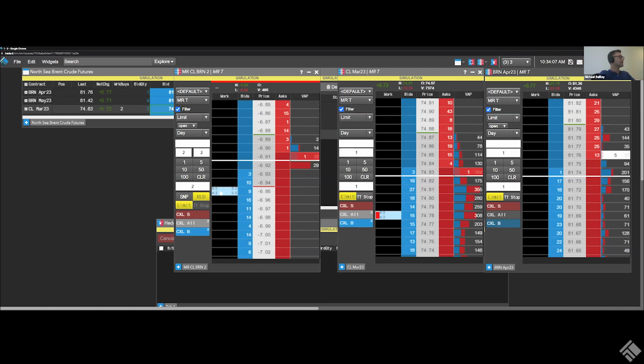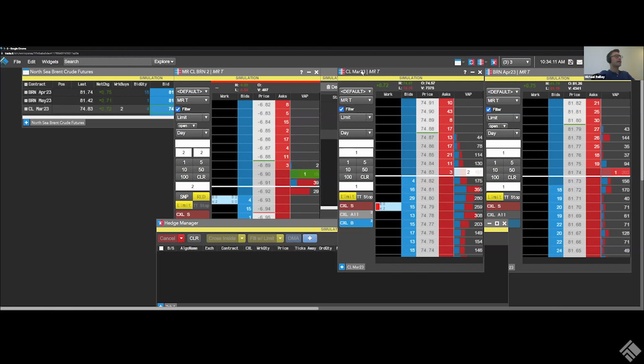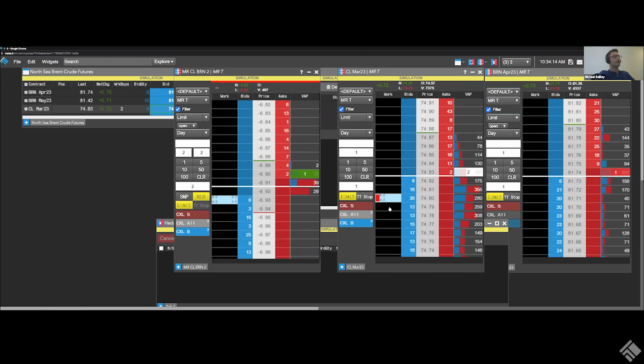And if we look at our CL leg, just for the demonstration, I'm going to drag this order across and immediately get filled. And this is going to give us a hung leg in the Brent April 23 contract.